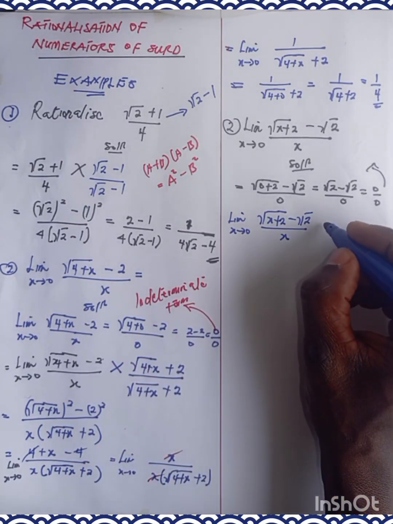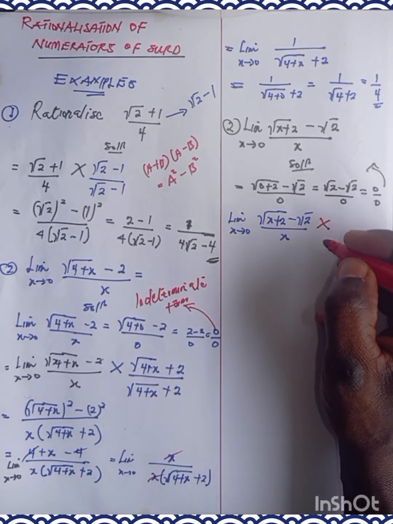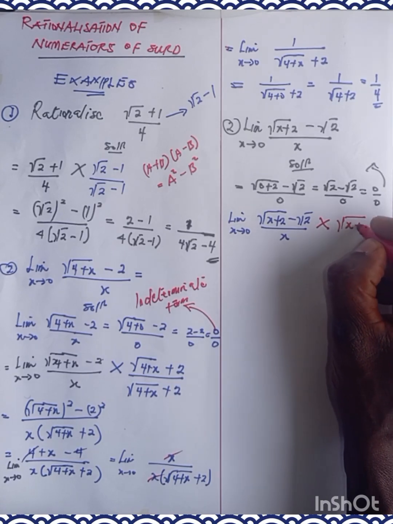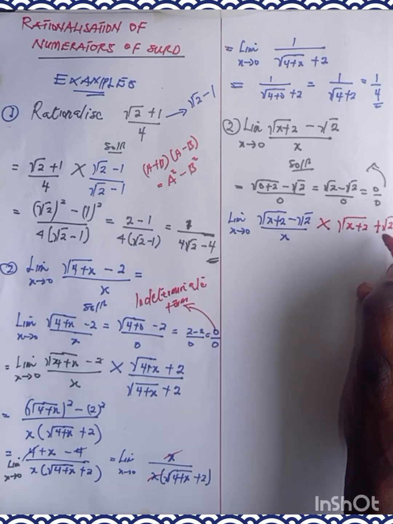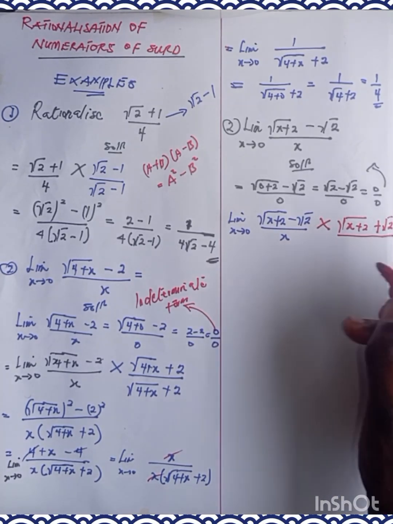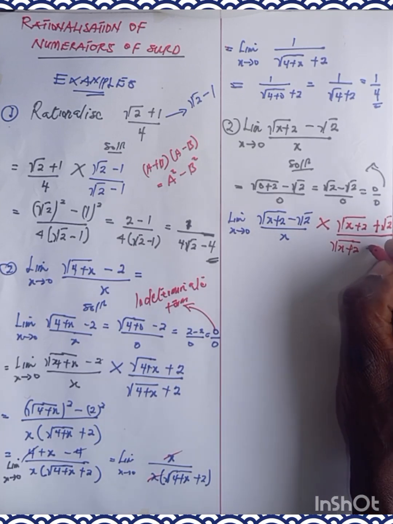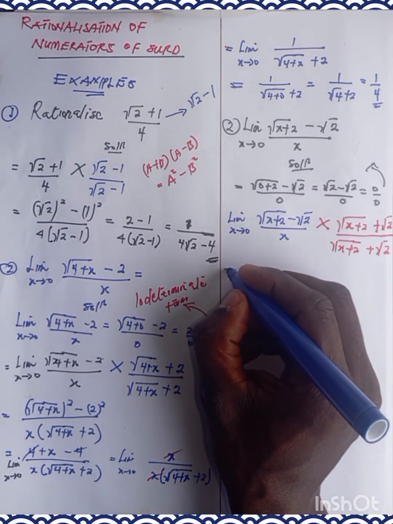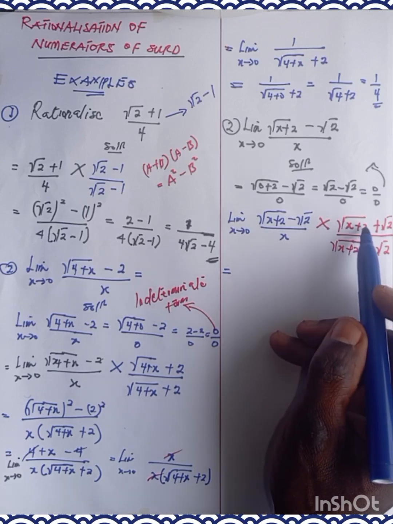So we are getting this times the conjugate of the numerator, and that is going to be what? Root of x plus 2 plus root of 2. Good, because here is minus, here is going to be what? Plus. So we multiply the numerator. You can see that we have difference of two squares.